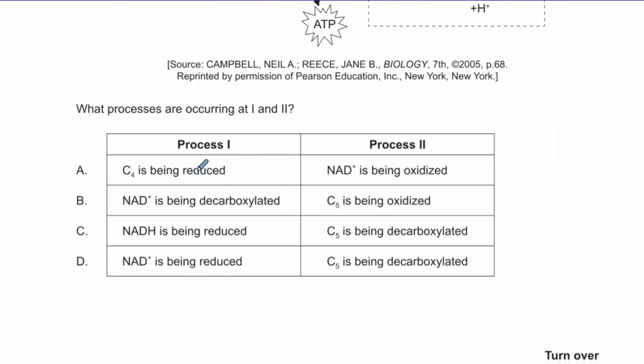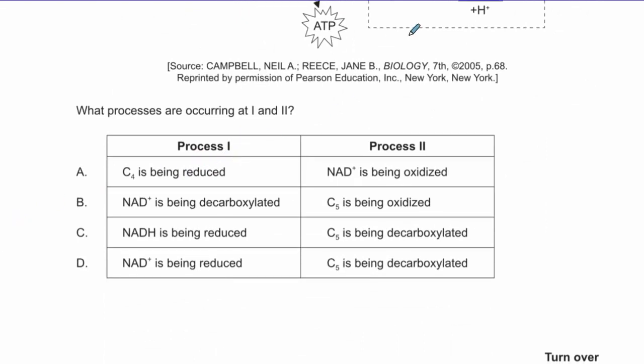So let's look at this. A: in 1, C4 is being reduced. No, this is wrong because of course it was NAD plus that was reduced. B: NAD plus in 1 is being decarboxylated. No, this is happening to the carbon compounds.